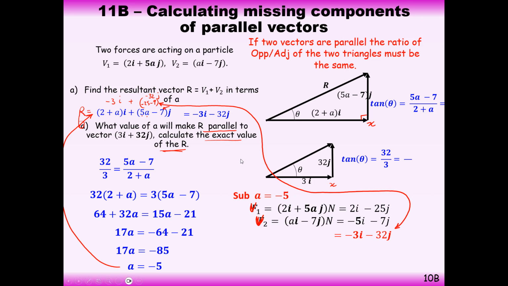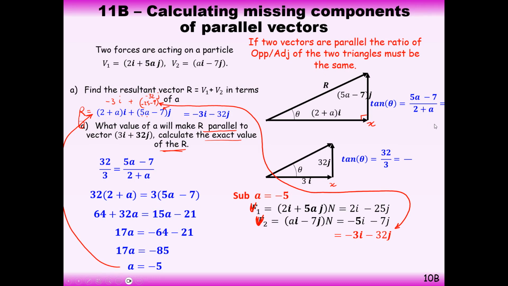This is the only example I have for you with regard to finding components of parallel vectors. I think it's complicated enough to understand that when two vectors are parallel to each other, the ratio of their components is the same. This doesn't mean that the components are the same.